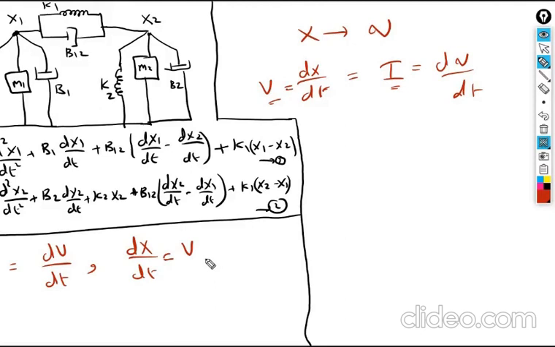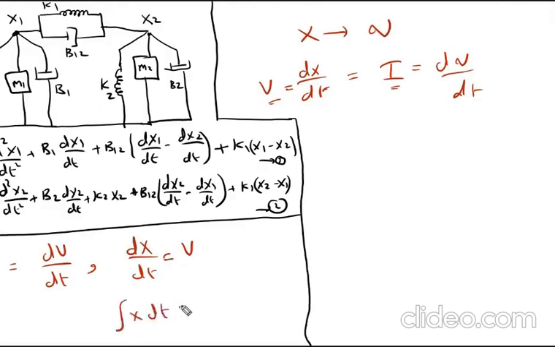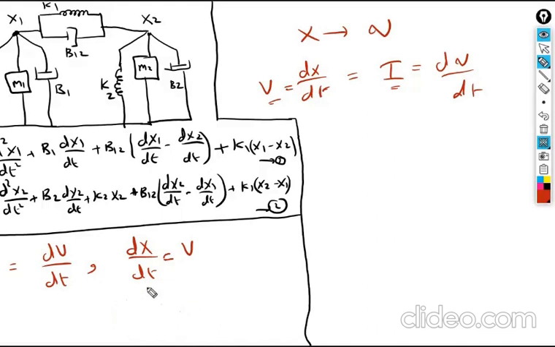And further, x can be written as, if dx by dt is v, then x will be equal to the integration of v dt. So on replacing these, I am getting the new equations, equation 3 and 4.